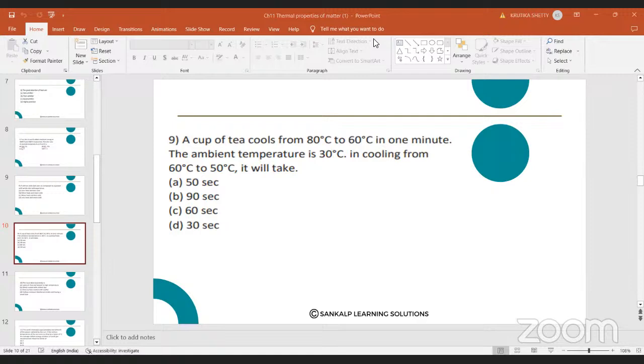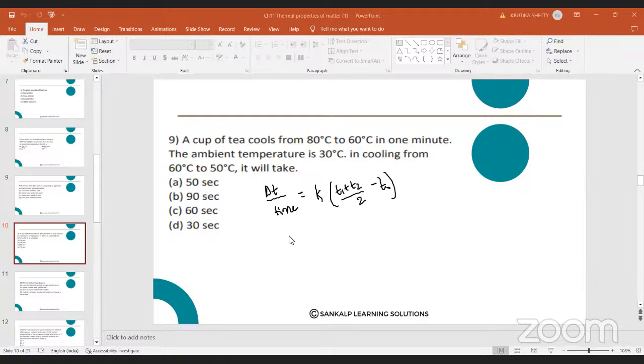So a few students are replying option A. Okay, so option A is right. Let's see the solution also. So how to do this? That is delta T, change in time, it is given by change in temperature upon time is equal to K into bracket T1 plus T2 divided by 2 minus T0.